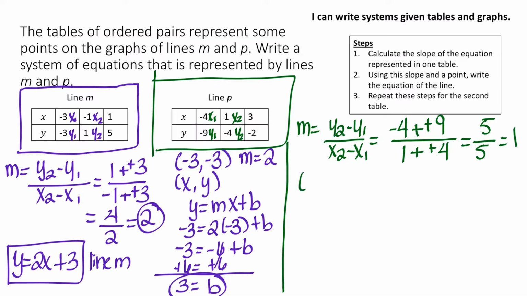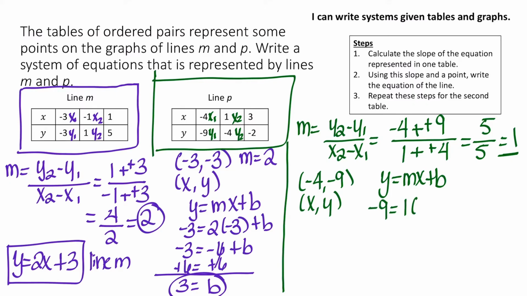So now I'm going to pick a point. I'm going to pick negative 4, negative 9, and that is my x value and my y value that I'm going to plug into y equals mx plus b, along with the slope of 1. So I have y, which is negative 9, equals m, which is 1, times x, which is negative 4, plus b.